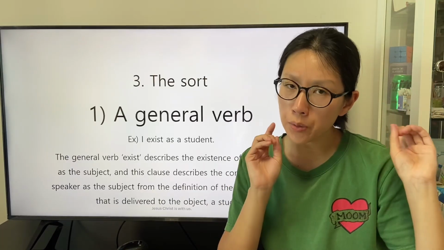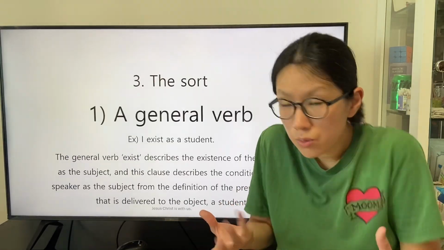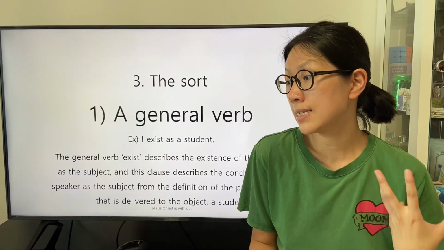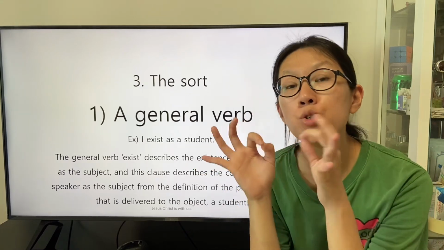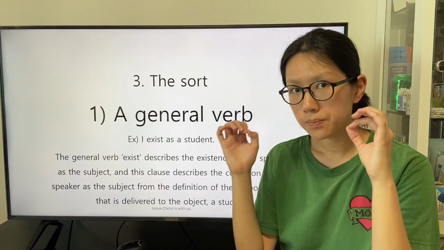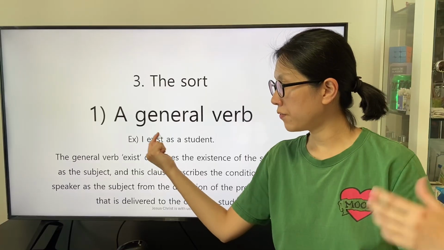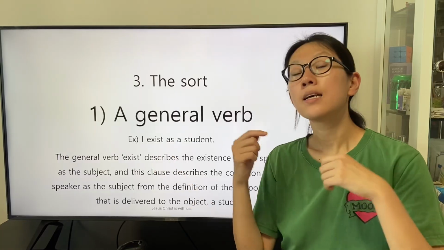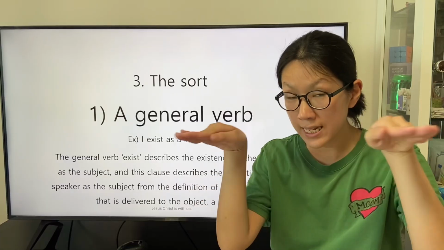We can also accept the fact that the description about how the subject is can be stated with an indication in a way to define the subject as the subject of the general verb exist, and the preposition as and the object of the preposition as are equivalent.